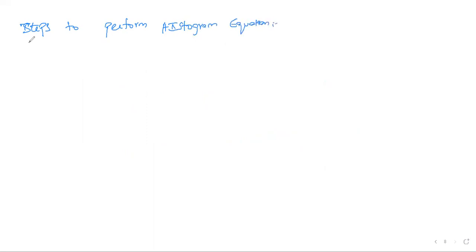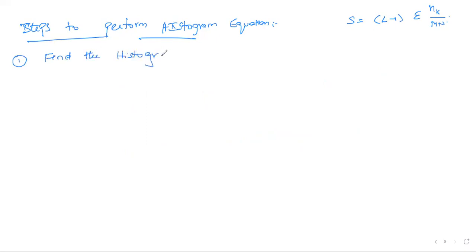Okay, so what is the definition? S is equal to (L minus 1) into sigma nk by total number of pixels. So first step, find the histogram of the image. Histogram of the image, that is h of rk is equal to nk.